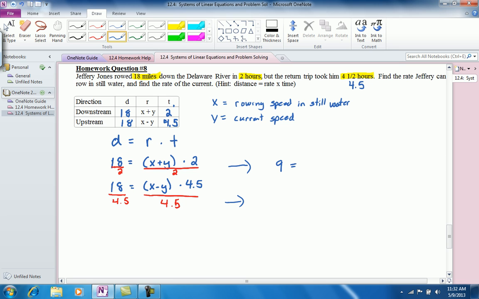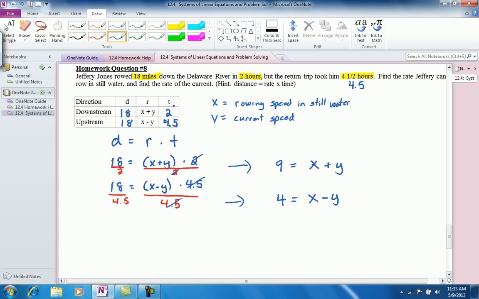And here the 2's would reduce to 1 over 1, and I would just get x plus y. Similarly in the bottom, 18 divided by 4.5 is 4. And here similarly this will reduce to 1 over 1, so I'll just get x minus y.